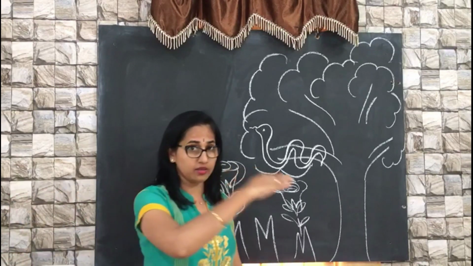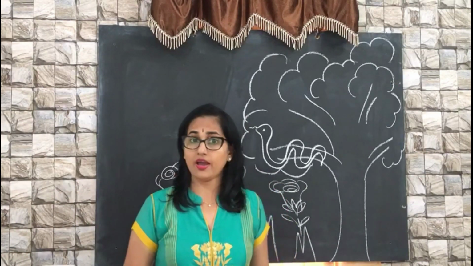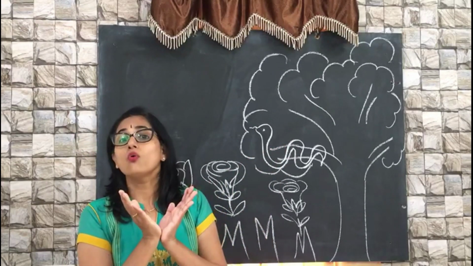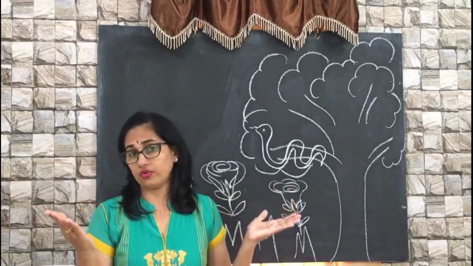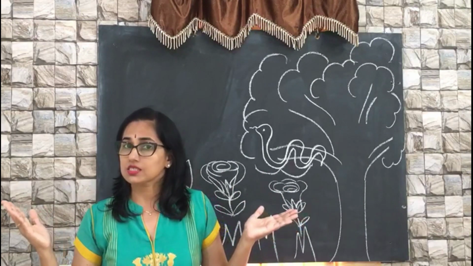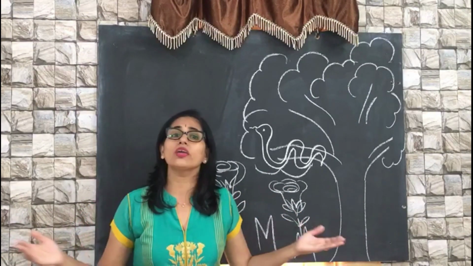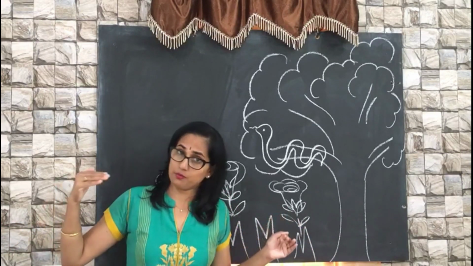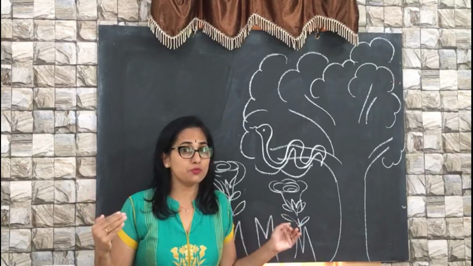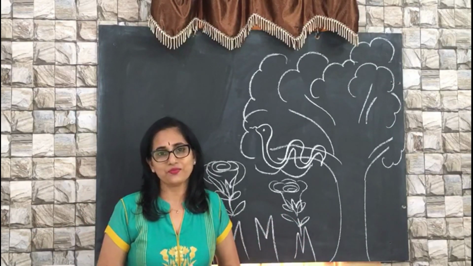V is for van. Van. W is for watch. Watch. X is for Xmas tree. Y is for yak. Yak. Z is for zebra. Zebra. That's all the rhyme.